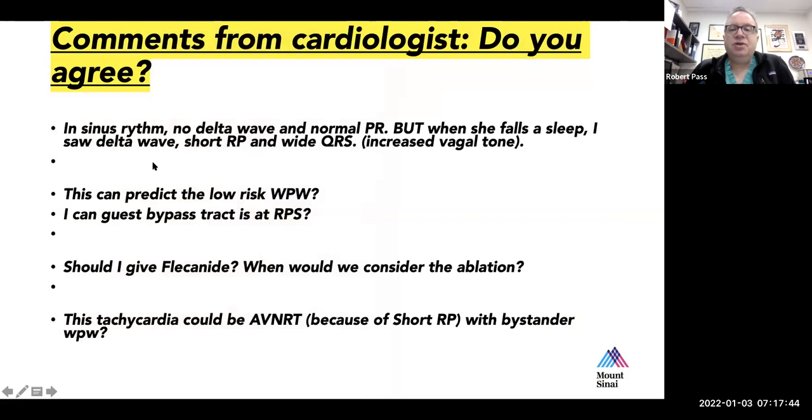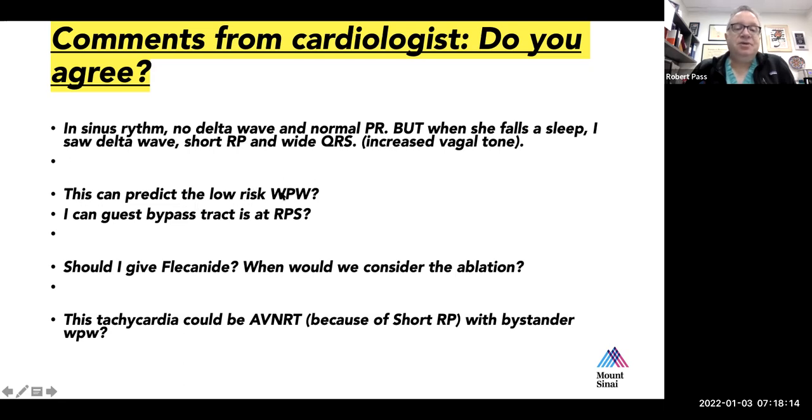So let's go through some of the questions that Dr. Savli had for me. It says, in sinus rhythm, no delta wave and normal PR, but when she falls asleep, I see delta wave, short PR, and a wide QRS. And he surmised that that was from increased vagal tone, which is a good explanation. He's suggesting that the AV node is not conducting as well asleep, and therefore it's encouraging accessory pathway conduction.